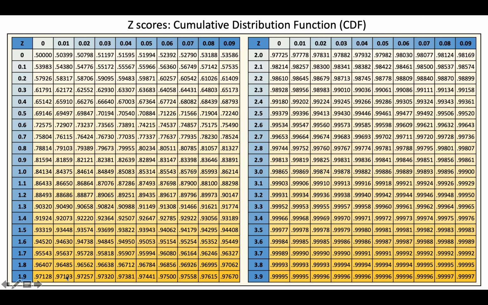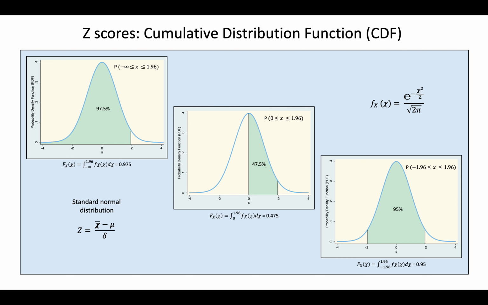This corresponds to 0.91, and then the 0.96 is exactly this value, which is 0.975. So this means that 0.975 is this area. This is the area under the curve. Okay.